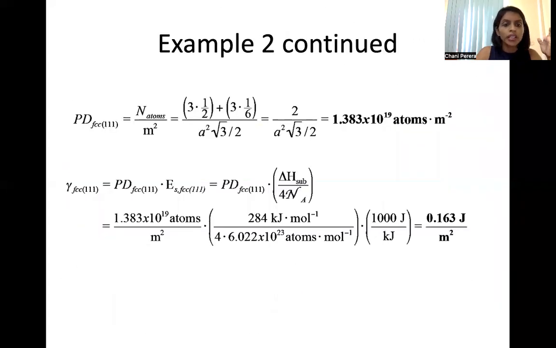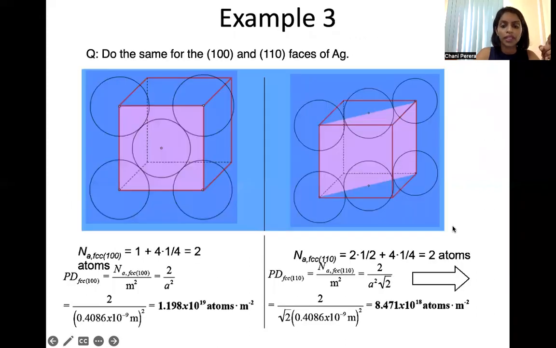So here, this is for the 111 plane. We calculated that it is around 0.163 joules per square meter, right? That is for the 111 plane.